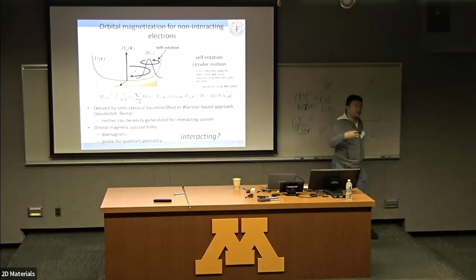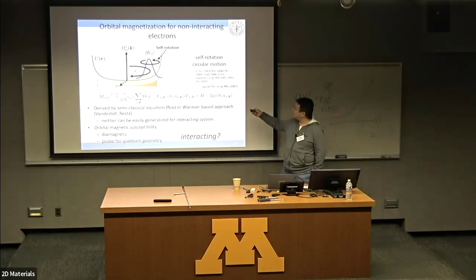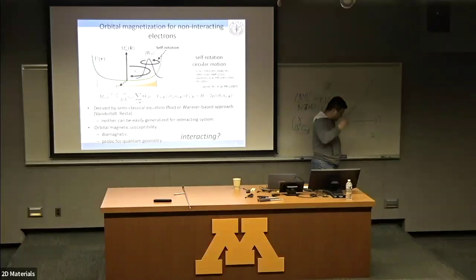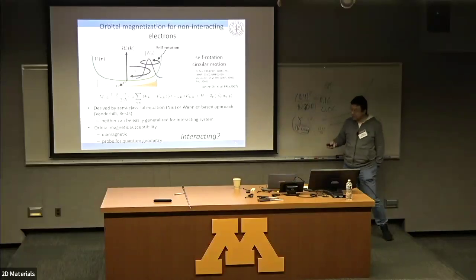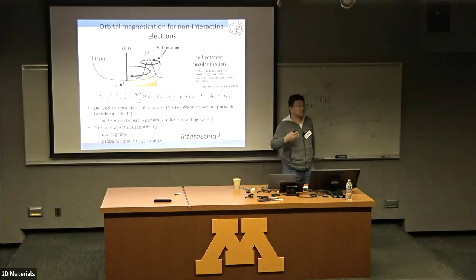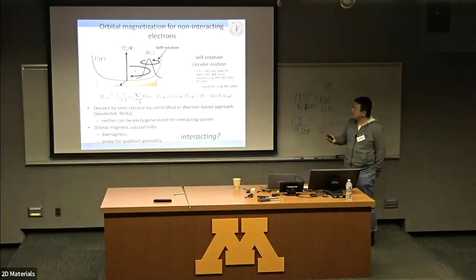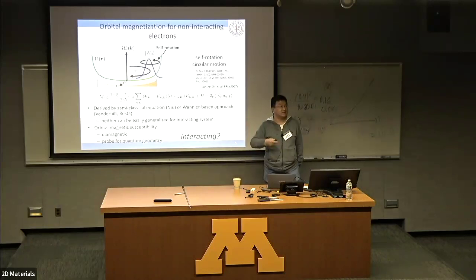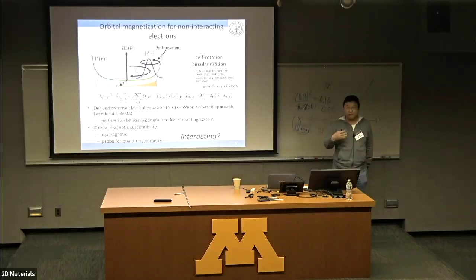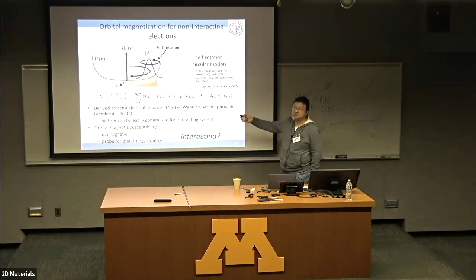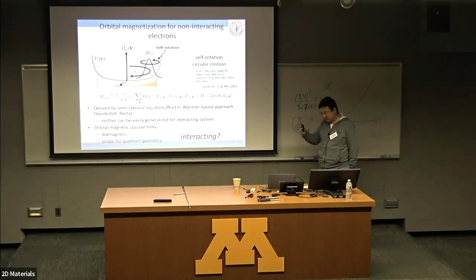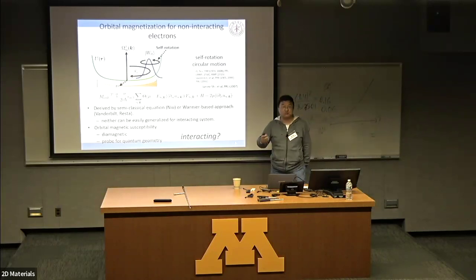This theory and these formulas were developed mainly by two different groups. One is Professor Chen Liu, and the other is Professor Vanderbilt and Resta. About 20 years ago, they figured out the formula for orbital magnetization. Naively speaking, if you imagine an electron wave packet, its orbital magnetization can be roughly decomposed into two parts.